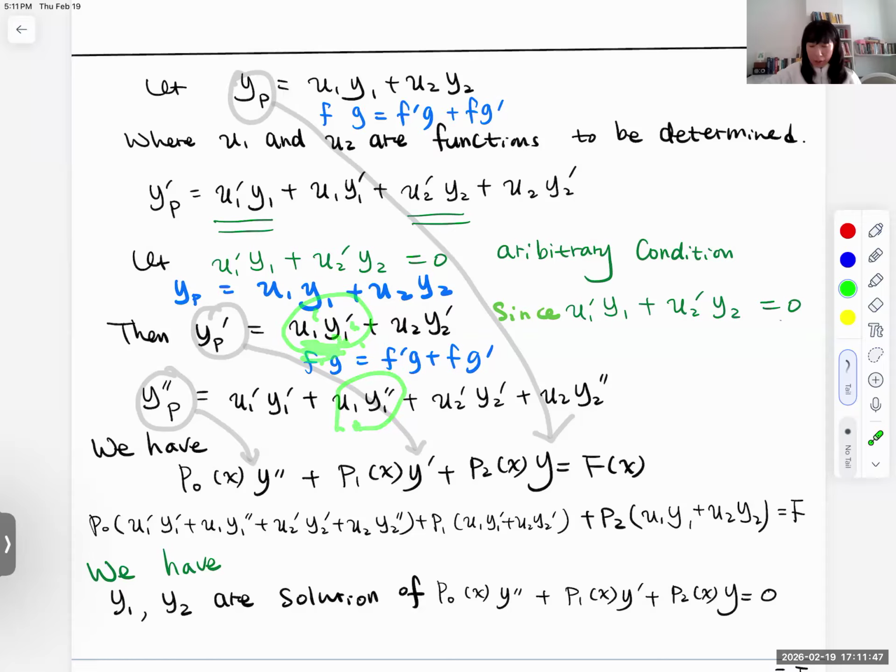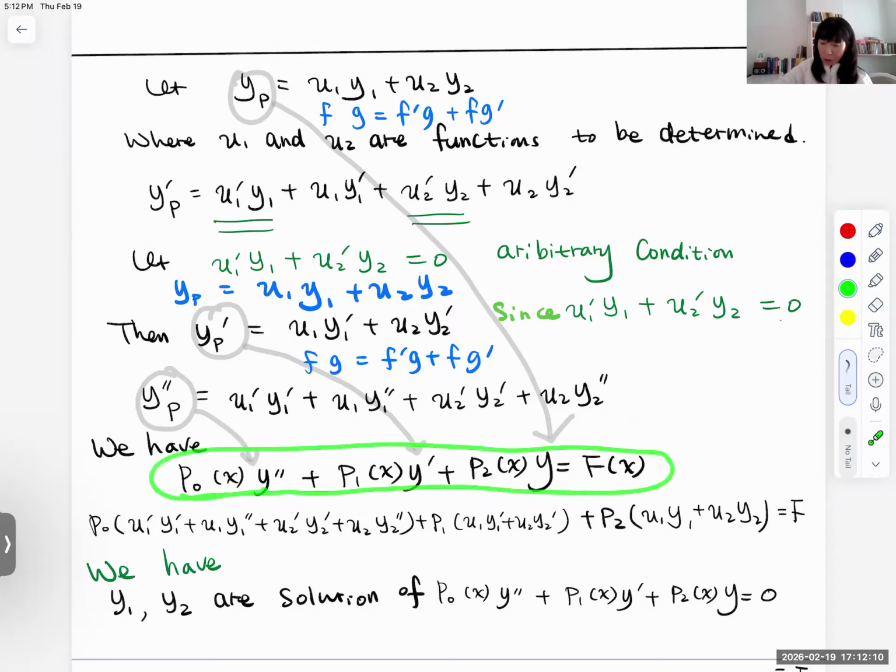Now for the second term we use the product rule again: u sub 2 prime, y sub 2 prime, plus u sub 2, y sub 2 second prime.